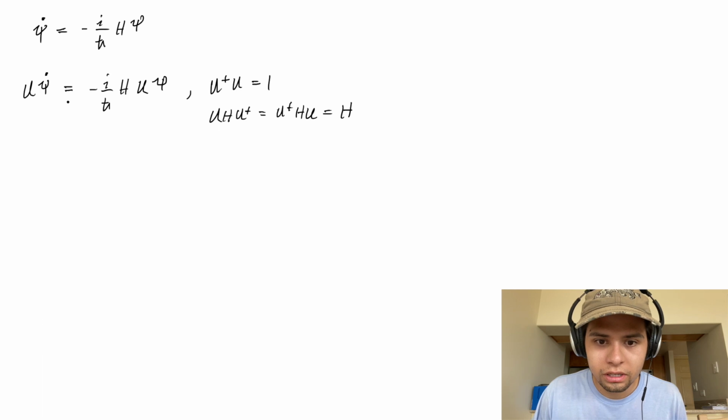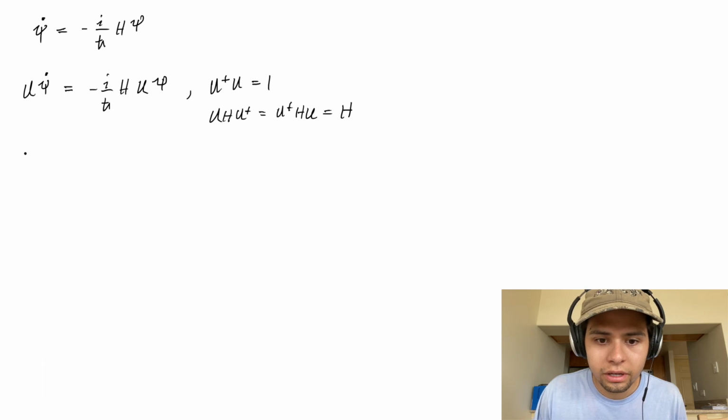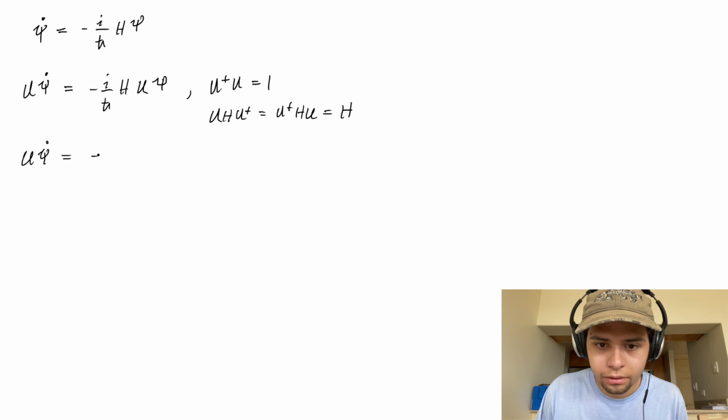So I'm going to take this now, and I'm going to say that since H is equal to this right here, we have that U time derivative is equal to i h bar times U H U dagger.